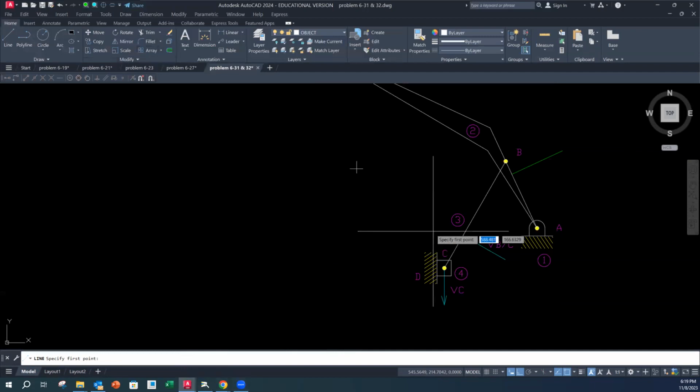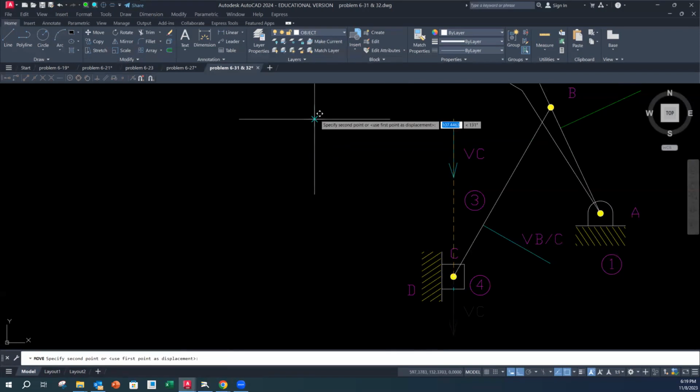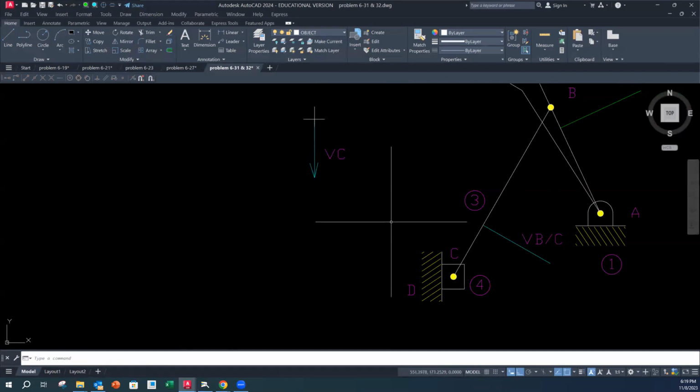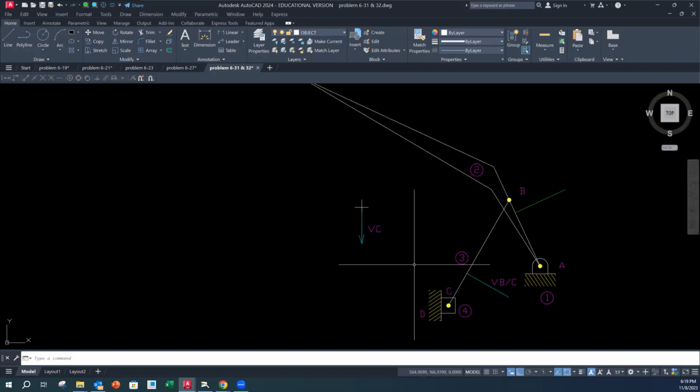Okay. So I'm going to move it. I'm not going to leave anything here. I'm not going to copy it. I'm going to simply move it. I want to be at that endpoint there, and I'm going to go to my origin. Okay, because we need the kinematic diagram to kind of identify everything for us, but ultimately it's for the directions of each one of these. So there's my VC.